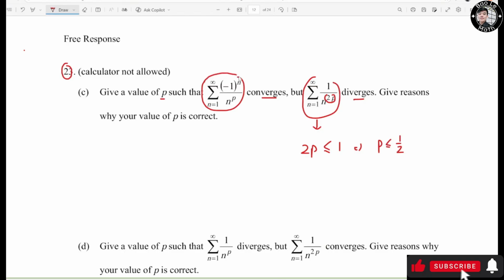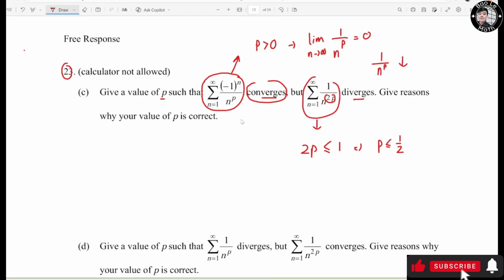Now this one is the alternating series, right? So we're going to use the alternating series test to determine the value of p so that the series converges, right? So observe that p must be greater than 0 so that the limit of 1 over n to the p when n approaches infinity equals 0, and the sequence 1 over n raised to the p is decreasing, right?